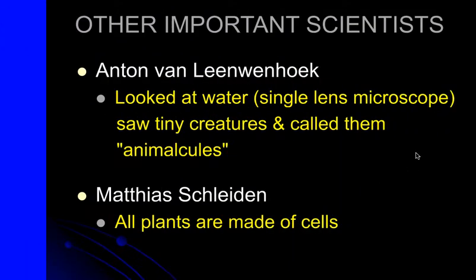A little bit later, we have Anton van Leeuwenhoek. He looked at some pond water and saw some tiny creatures swimming around in there, and he decided to call those little creatures animalcules. He's also one of the very first people to use the compound light microscope. Matthias Schleiden came up with the idea that plants are made of cells.